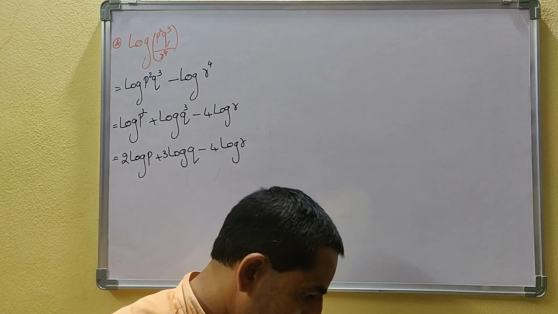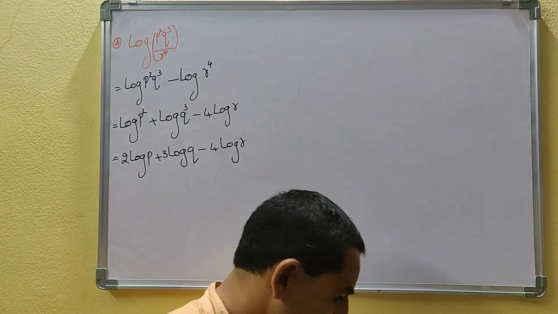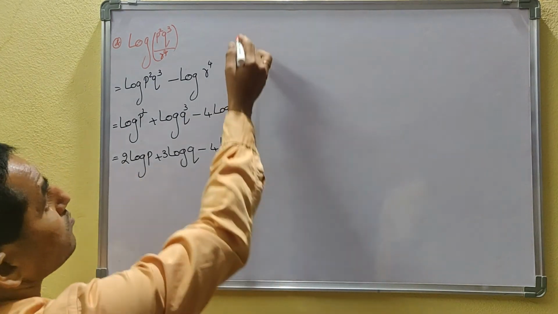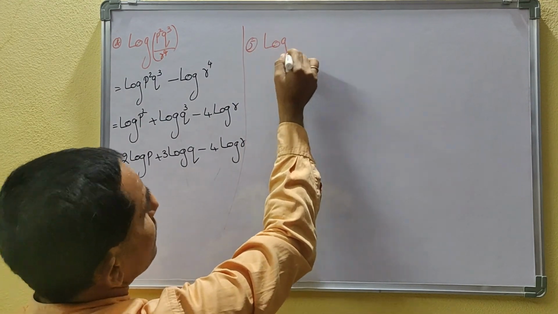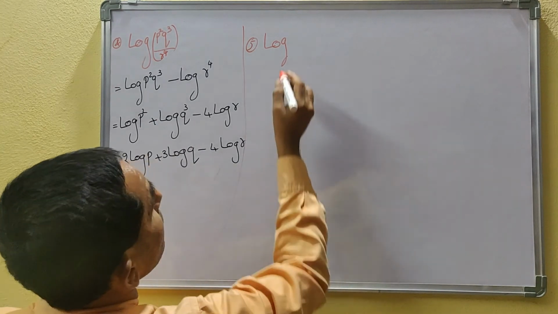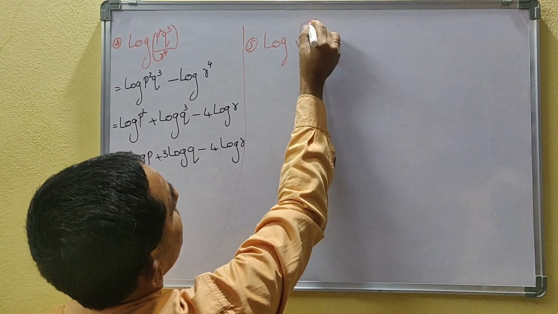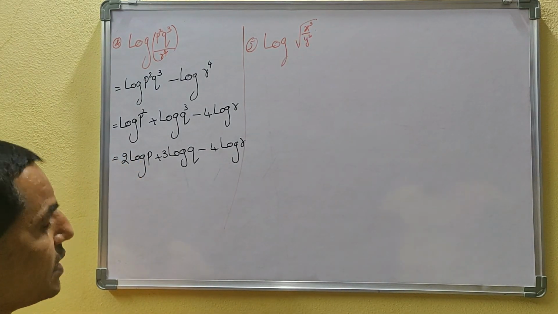Next, fifth one, last one, after that stop. So last question: log of root of x cube by y square. This is the last question and last answer.